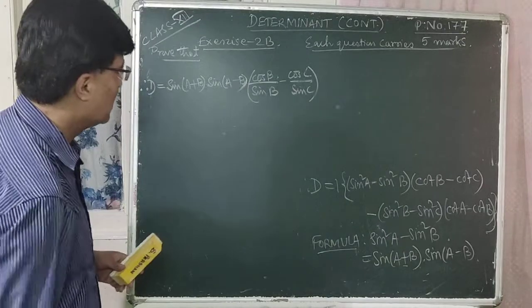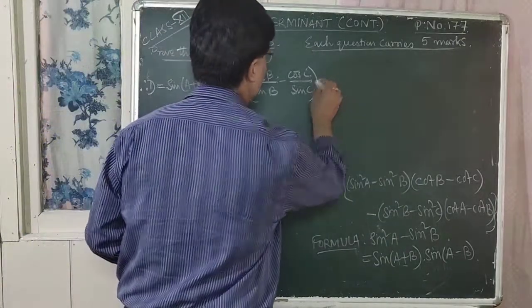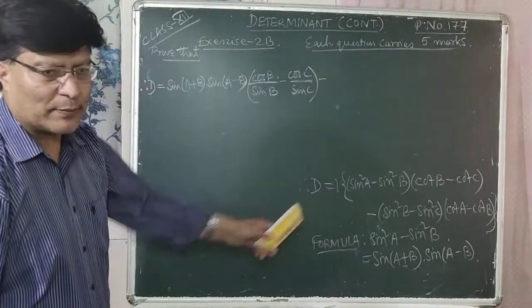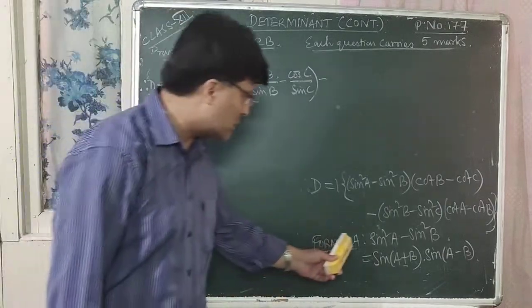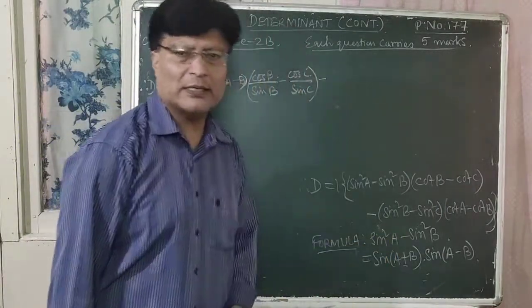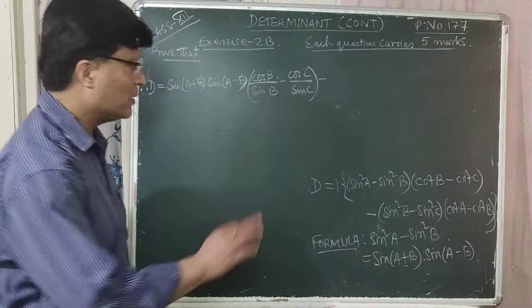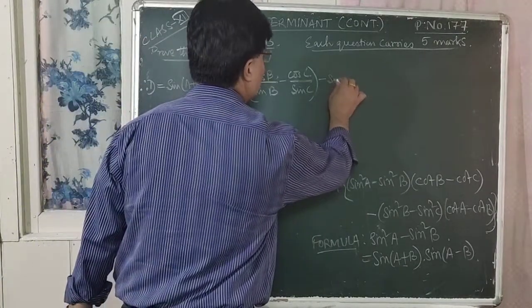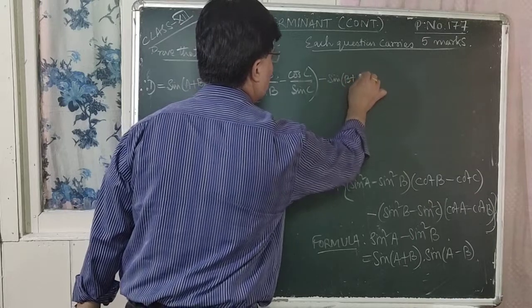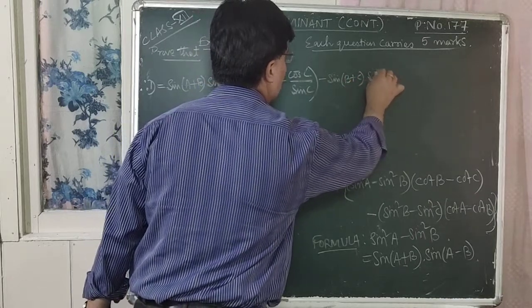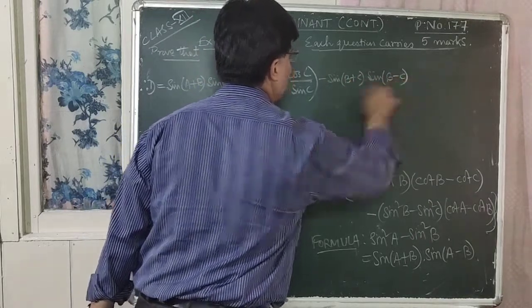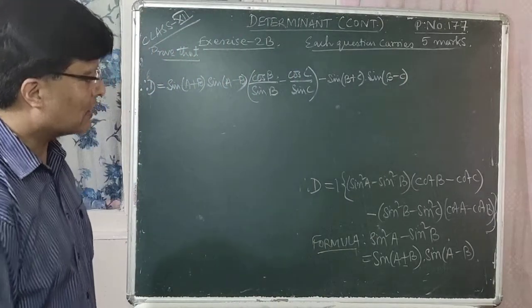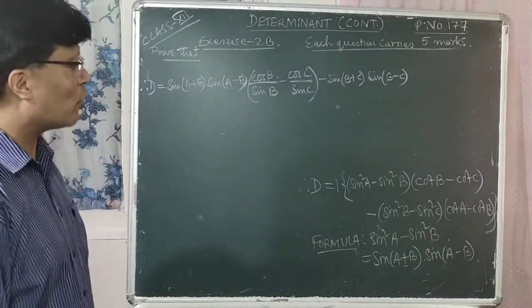Next, minus. Again, what is sin square B minus sin square C? You can use the same formula here, the sin square A minus sin square B formula. So similarly, sin square B minus sin square C is sine of B plus C into sine of B minus C. Next, what is cot A minus cot B?